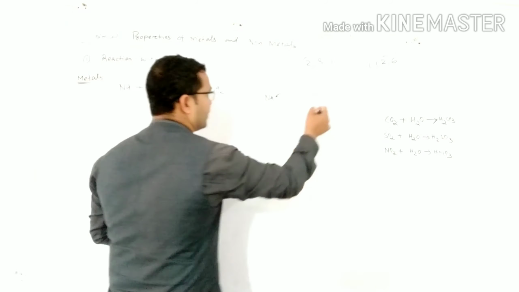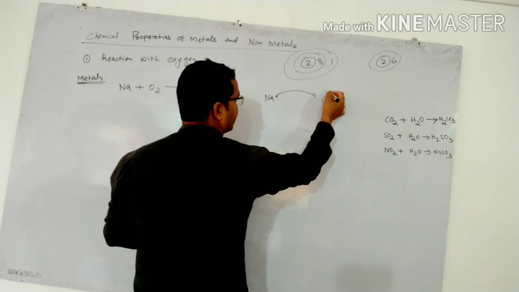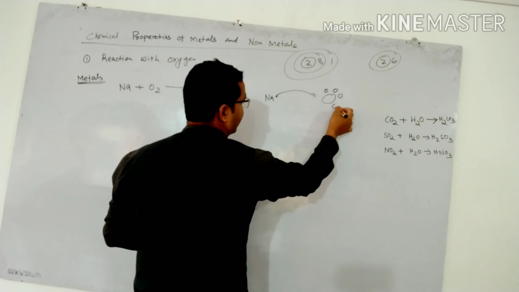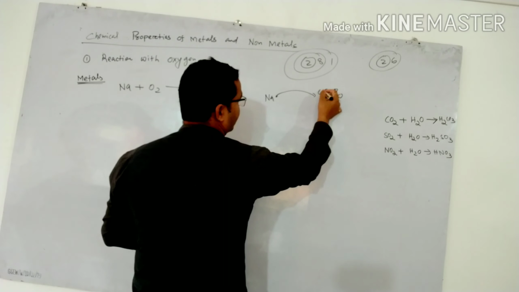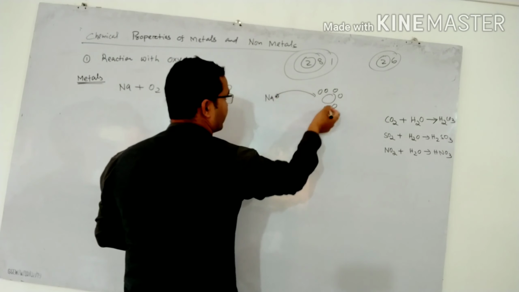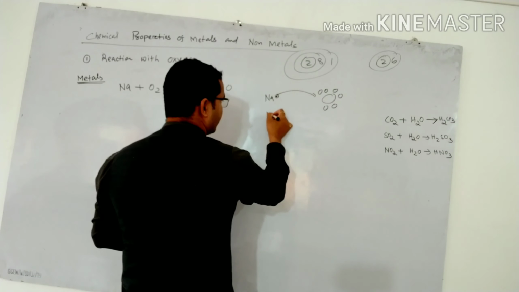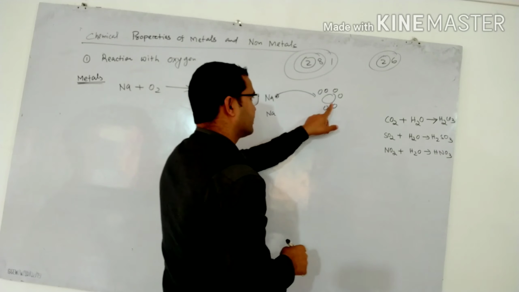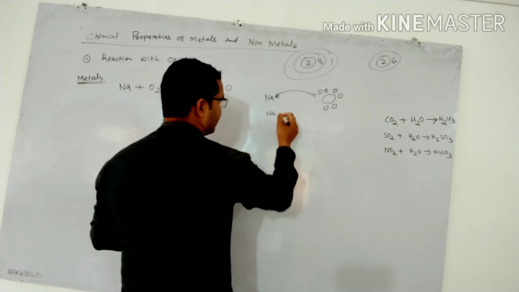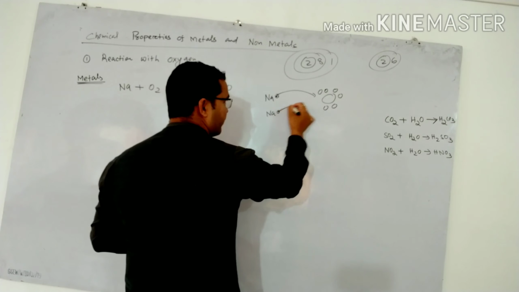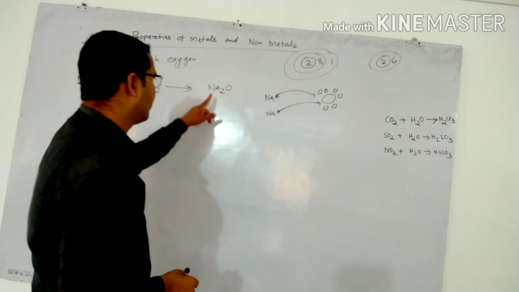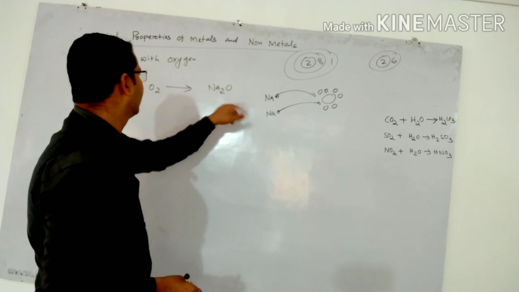So oxygen already has 6 electrons. It needs 2 electrons to become stable. Sodium can give only 1 electron. So to fulfill the requirement of oxygen, 2 electrons are needed. So that's why 2 sodium atoms are needed. That's why the formula is Na2O.